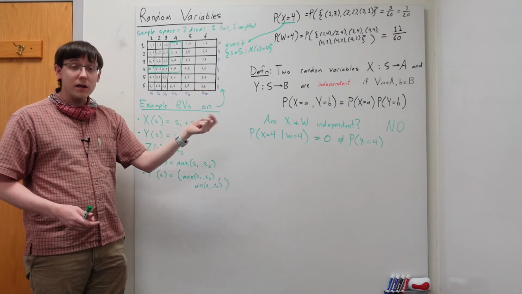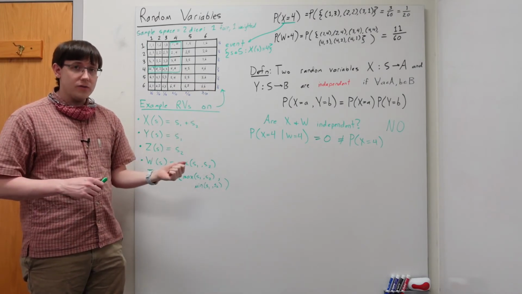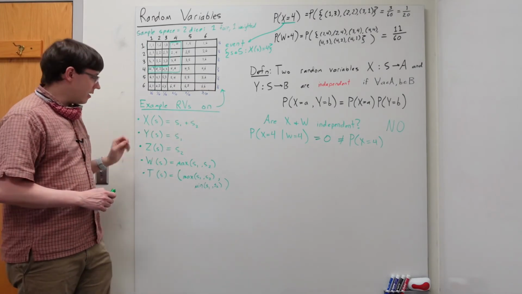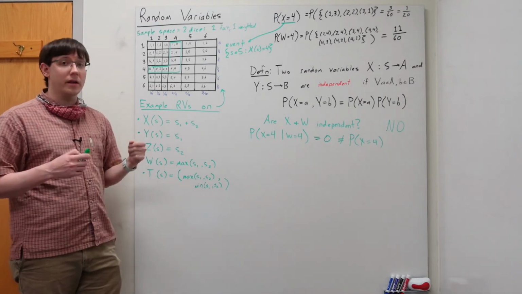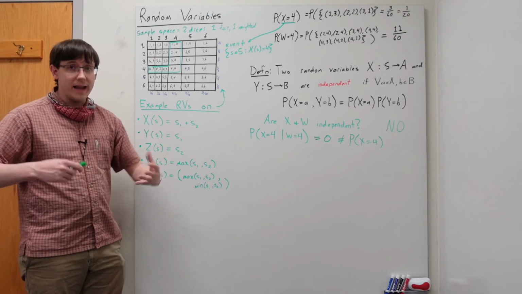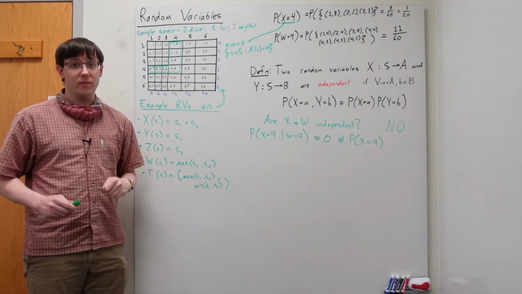And so in fact, all pairs of an event for Y and an event for Z are independent, and so Y and Z are independent random variables.